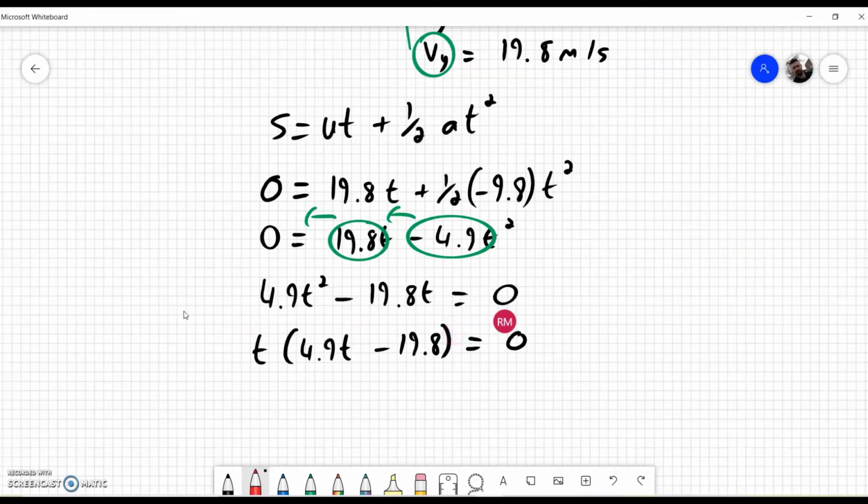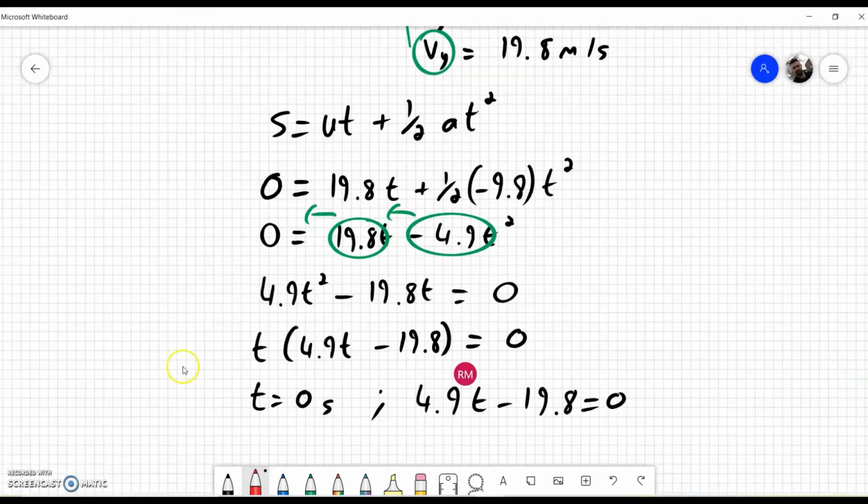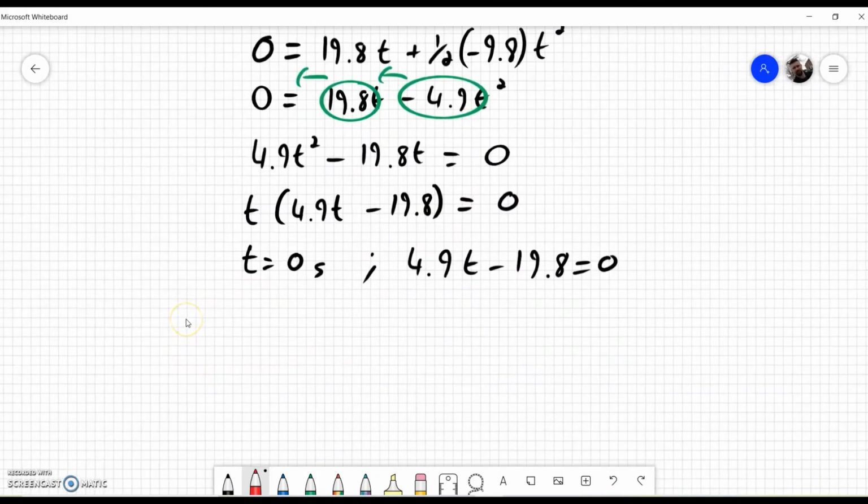And that tells me that my ball will be 0 meters from its initial point at time equal to 0 seconds, which is the moment that the thrower lets it go. And also I can work out when the person catches it with 4.9t minus 19.8 is equal to 0. So then I just need to bring those numbers over and do a little bit of division. 4.9t is equal to 19.8.